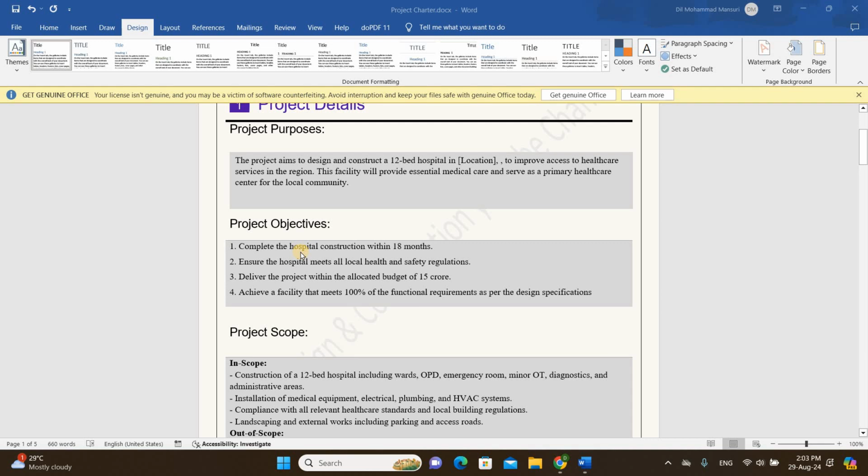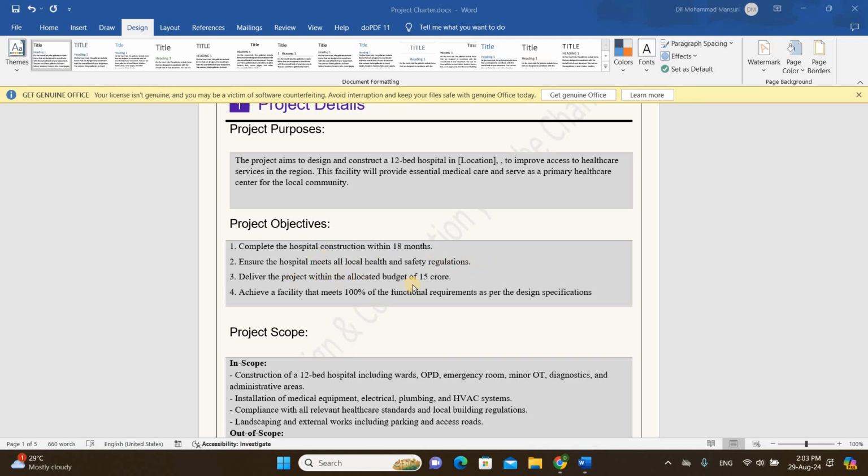Project objectives: complete the hospital construction within 18 months. The objectives for any project have a specific period of time for completion. So we have to complete the hospital construction within 18 months. This is our deadline. Ensure the hospital meets all local health and safety regulations, because for any building we construct, we have to follow the codes of construction. So it should follow the local health and safety regulations also.